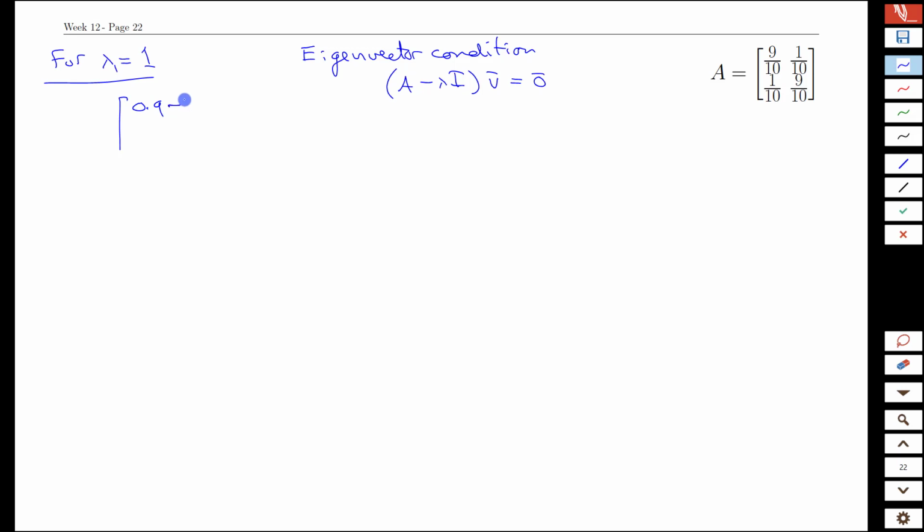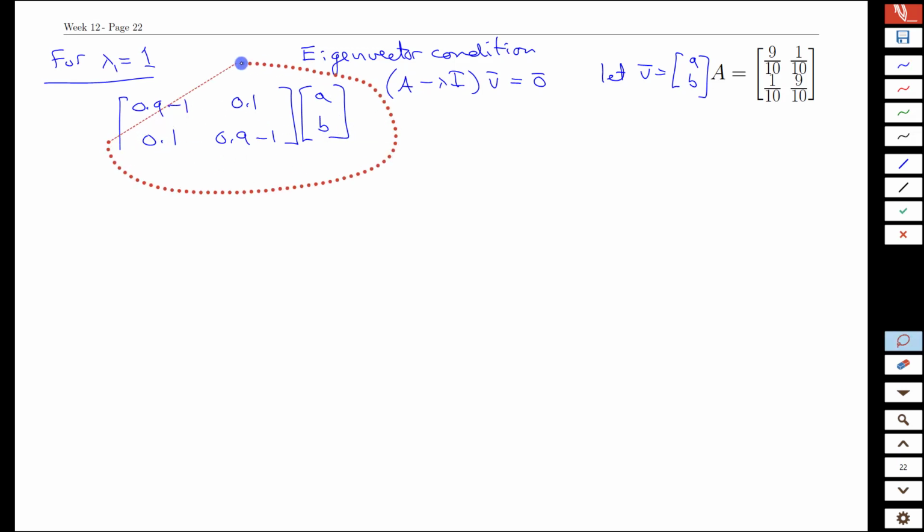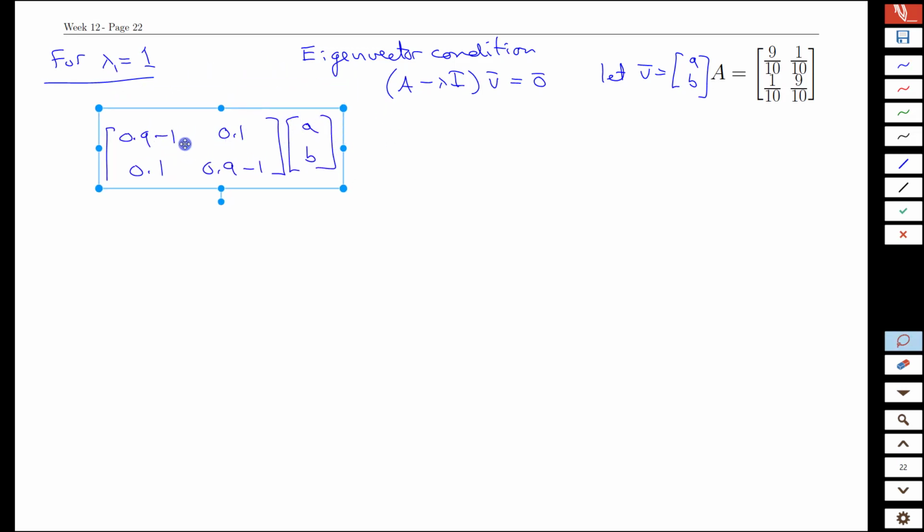I think it's easier. Minus 1, 0.9 minus 1, and 0.1, 0.1. And let's let our V vector here, we don't know what it is, let's give it two numbers, a and b. There we go. This has to equal the 0, 0 vector.